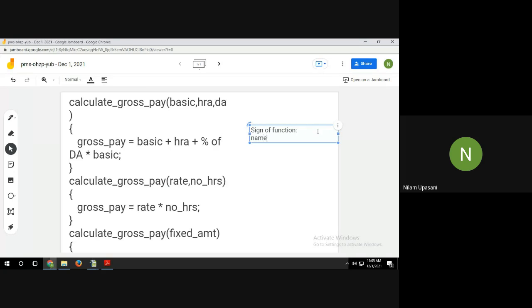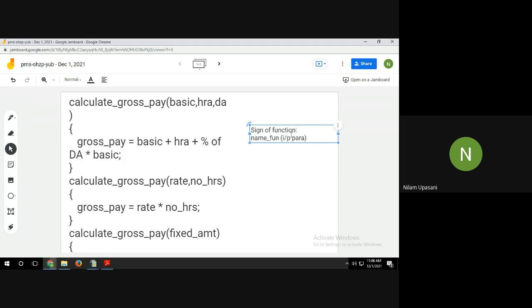It is the name of the function and the input parameter list. This combined thing is called the signature of a function: the name of that function and its input parameters. So this thing is called the function signature.